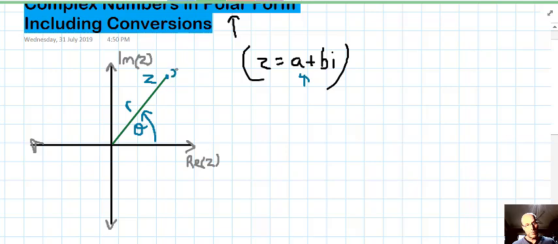So, x plus yi. The x and y are going to figure in this. That's why I haven't used the a and the b, but it's the same.